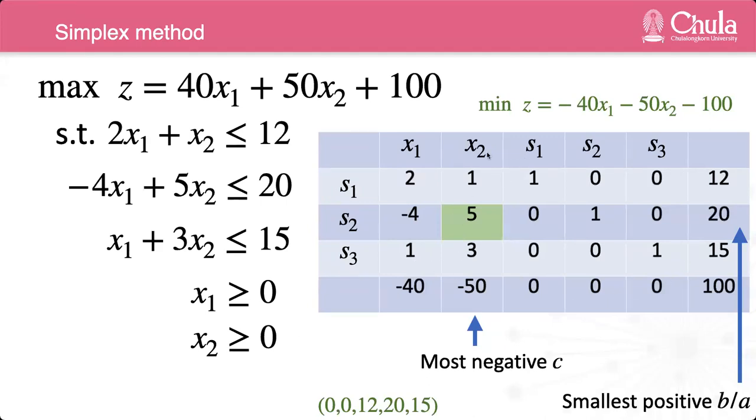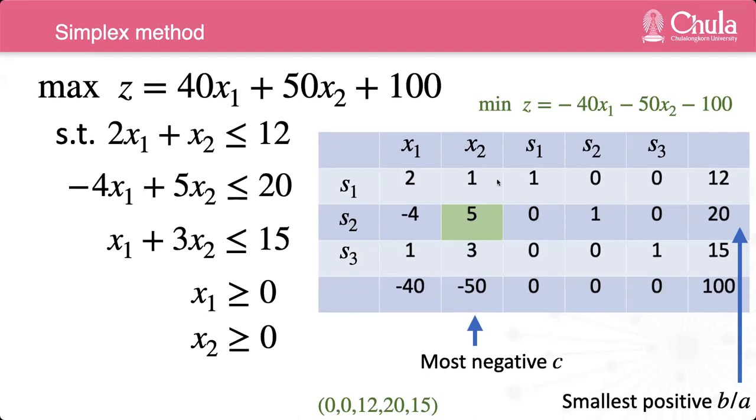Okay, the table here. The first part, x1, x2. You put the coefficient of each variable in the table. Okay. 2, 1, right? And during the process to convert the first constraint, you need S1, right? So you need the coefficient 1 in S1. However, you don't have S2, S3, so the coefficient must be 0. Okay? And the right-hand side is 12.